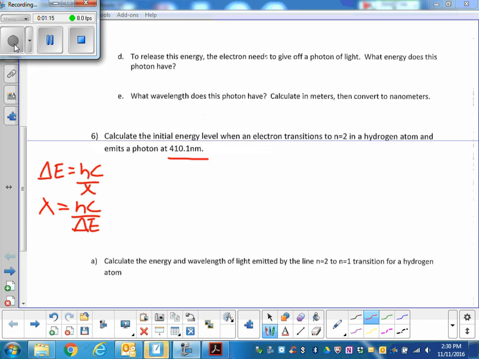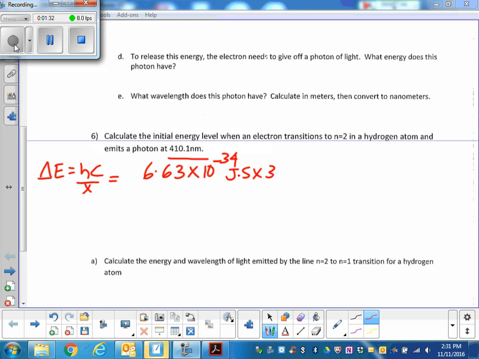So I'm going to use this equation to find the amount of energy transition it will involve. That is 6.63 times 10 to the negative 34 joules second times 3.00 times 10 to the 8 meters per second, and my lambda is 410.1.